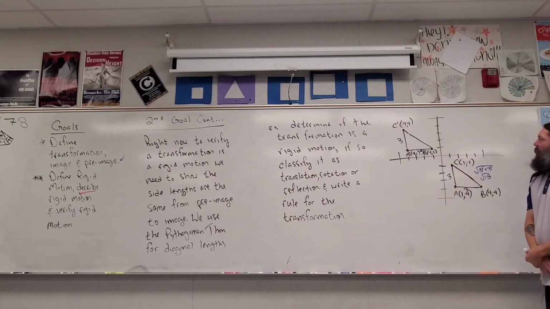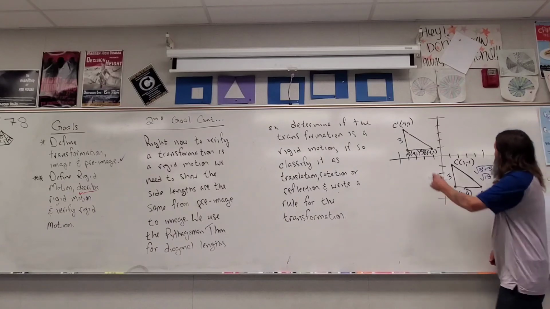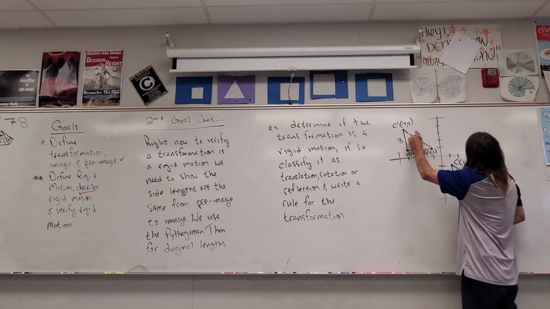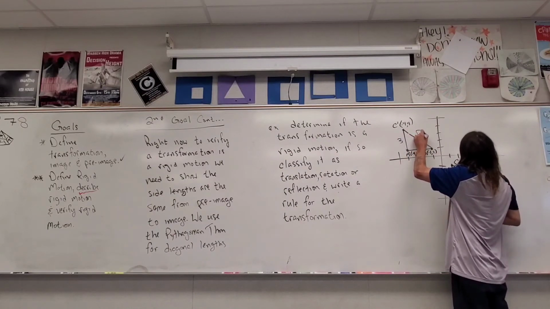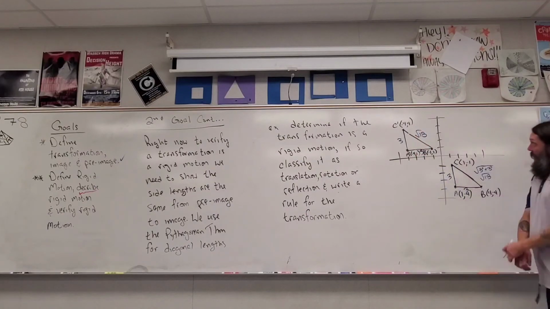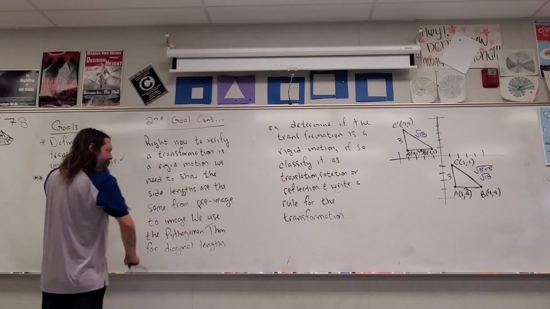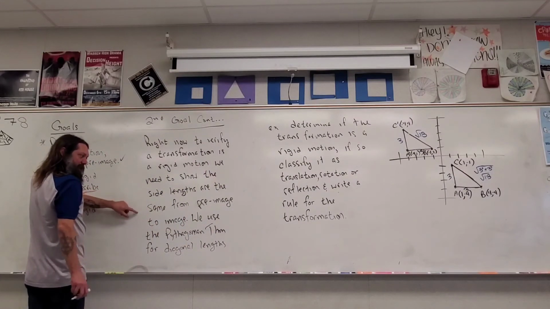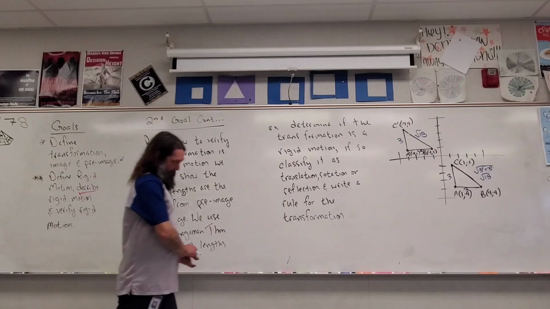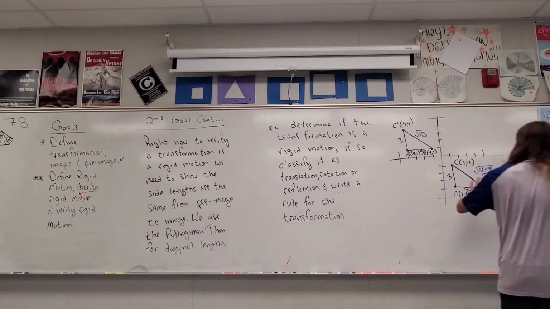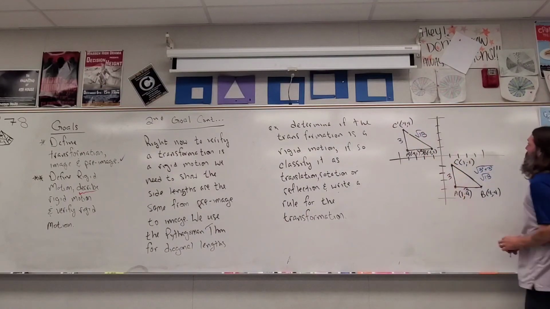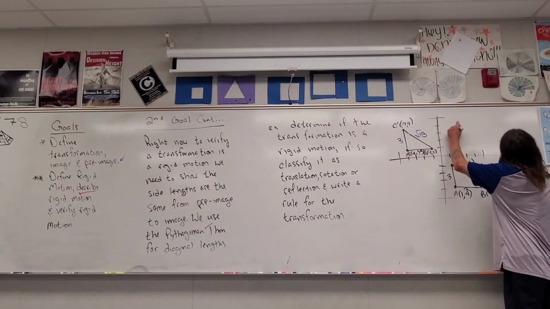So I can determine that this diagonal length from C prime to B prime must also be the square root of 18. So I know that the side lengths are the same from the pre-image to the image. So I have a rigid motion. This is a translation. It slid. Okay, this is a translation.